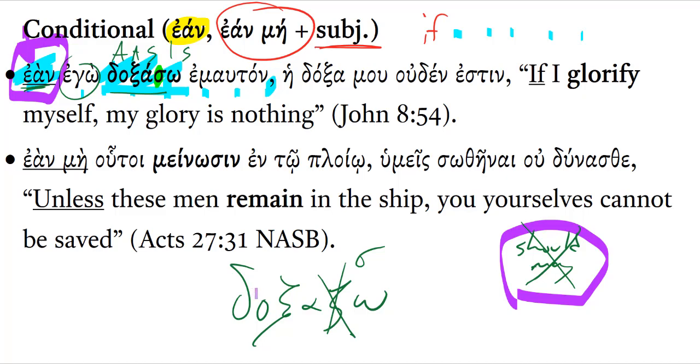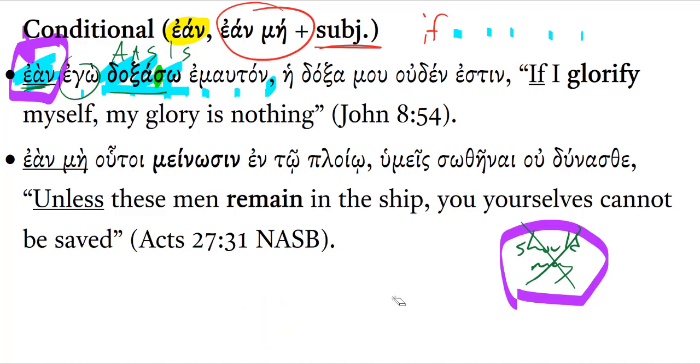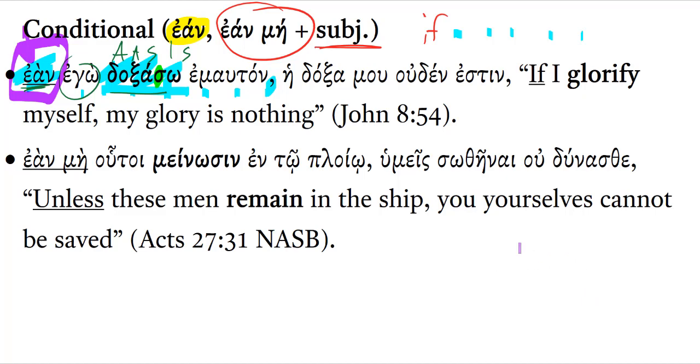So there's kind of slippage taking place between the future and the subjunctive because they are often spelled and pronounced the same, and they're often referring to activity that hasn't happened yet. So there's quite a bit of overlap in nuance and then beginning to be overlap in usage, okay? So especially in the book of Revelation. So if I glorify myself, my glory is nothing.